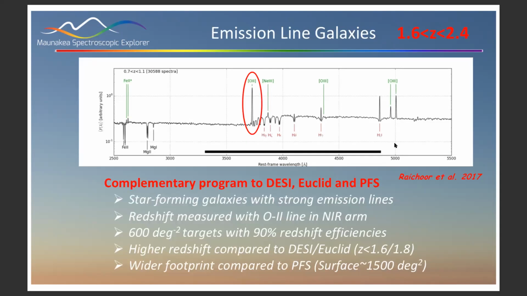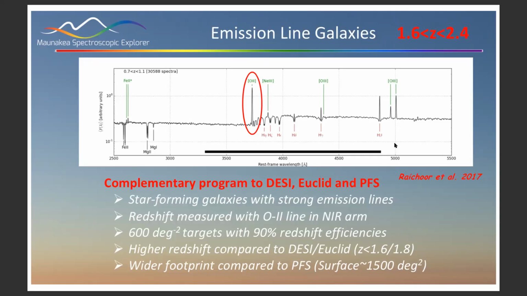We have used this for eBOSS. And for the star-forming galaxies, we can determine the redshift with the position of the O2 doublet. Here, in the case of MSc, we will have a near-infrared arm. So this means that we will be able to measure the O2 line for redshift between 1.6 and 2.4.